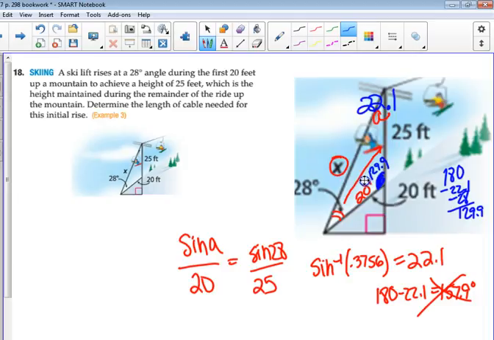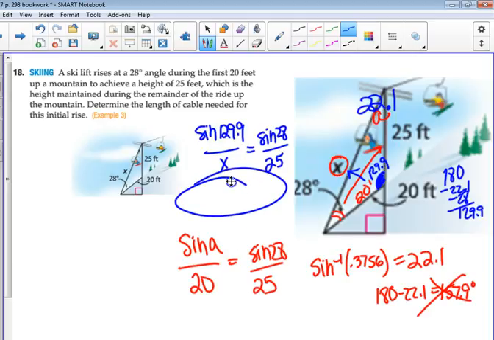Now we can do law of sines one more time to find x. I didn't find an easier way to do that, so. Whatever you get when you do that is the answer to the whole problem.